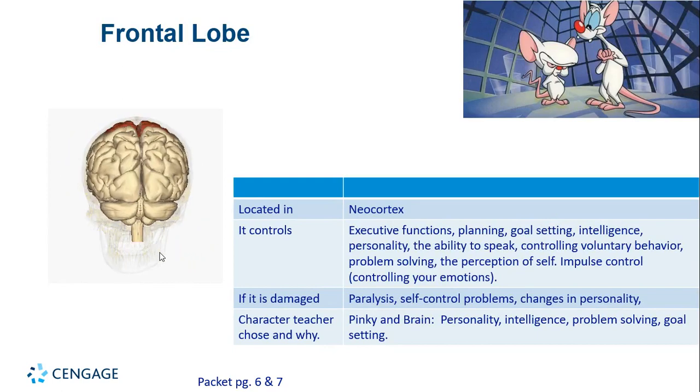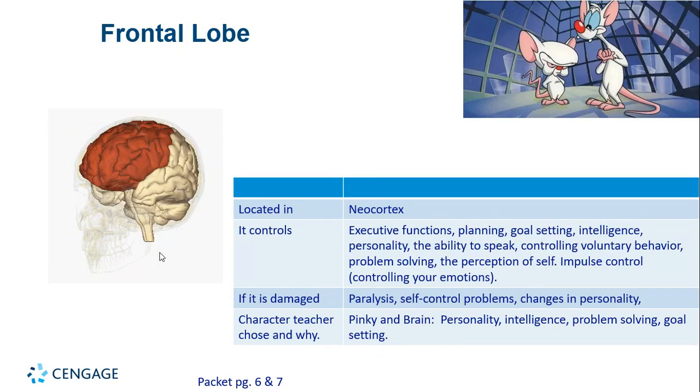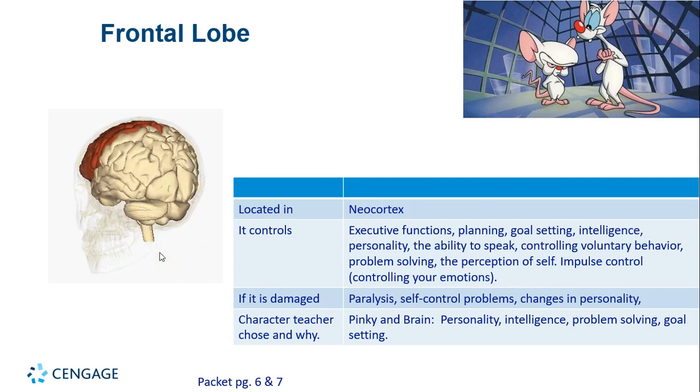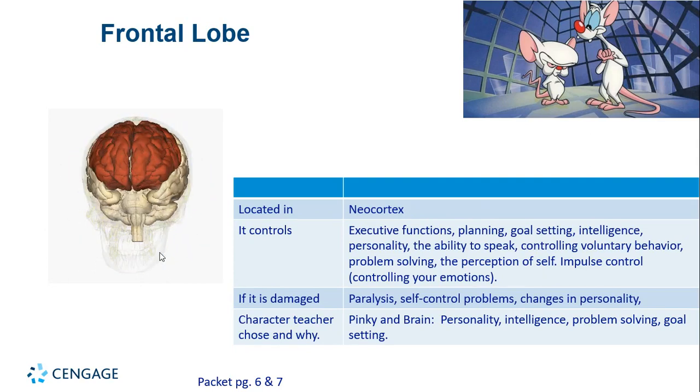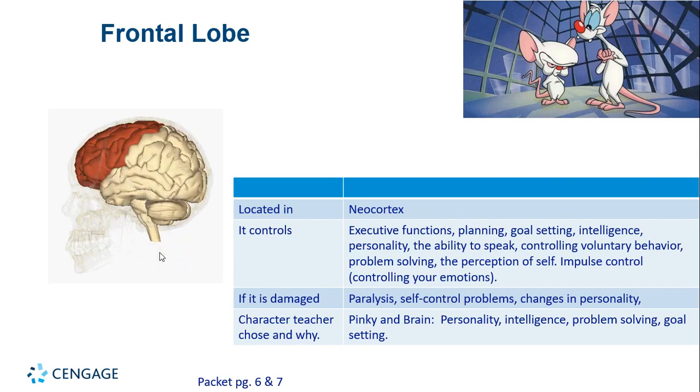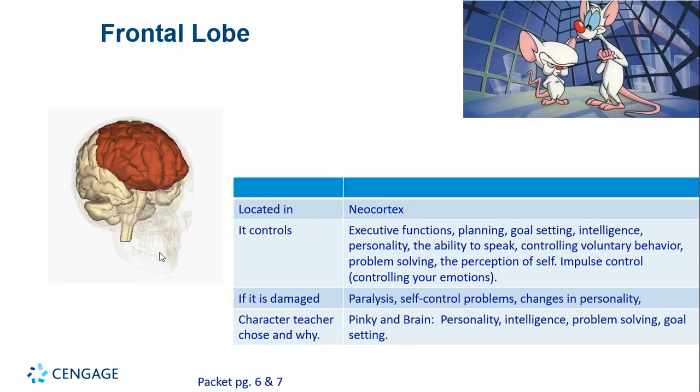All right. If you were to put your hand in front of your forehead or on top of your forehead and just spread out your hand as far as possible, this is your frontal lobe. If there's a part of the brain that's you, this is the part of the brain that's you.